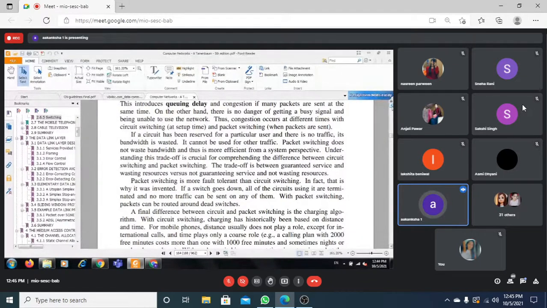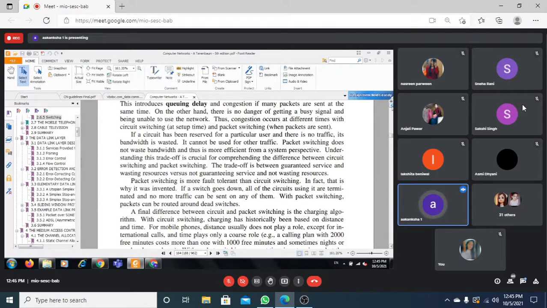But for mobile phones nowadays distance usually does not play a role, क्योंकि आप चाहे चेन्नई में बैठे हो, चाहे कलकत्ता में बैठे हो, आपने अगर मोबाइल टू मोबाइल कॉल किया है और सेम ISP से, सेम सर्विस प्रोवाइडर से किया है, सपोज एयरटेल टू एयरटेल या वोडा टू वोडा या जियो टू जियो, तो आपकी calls will have the same rate.